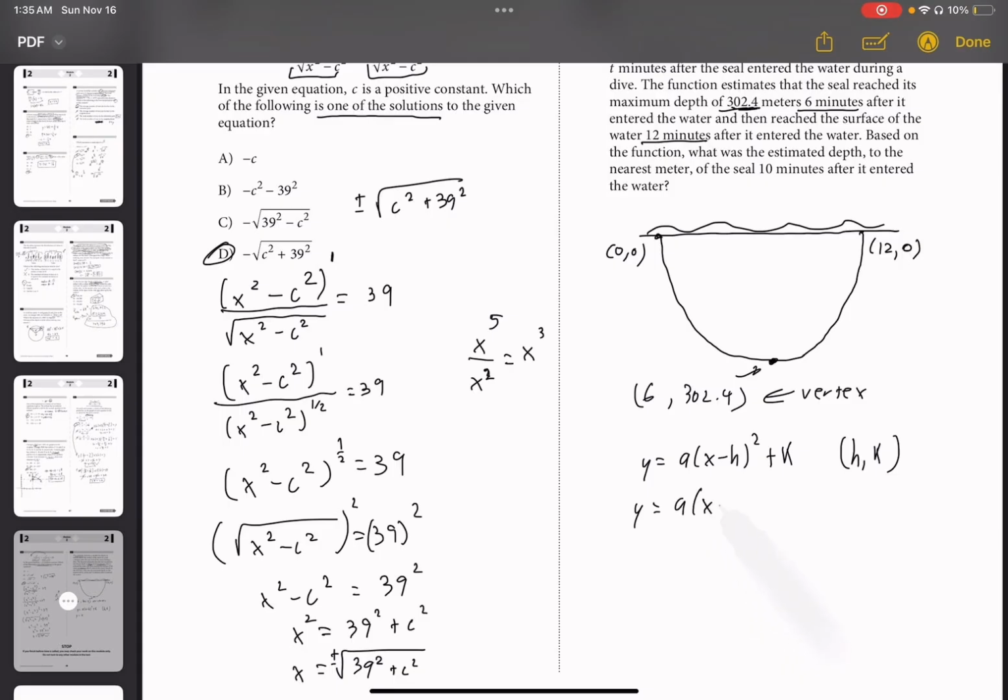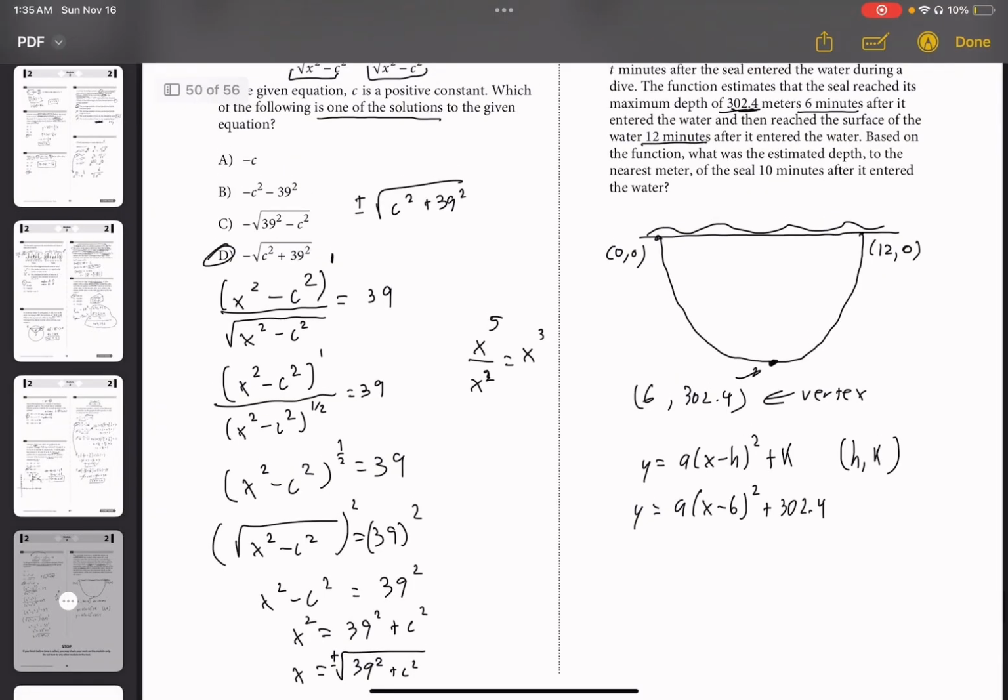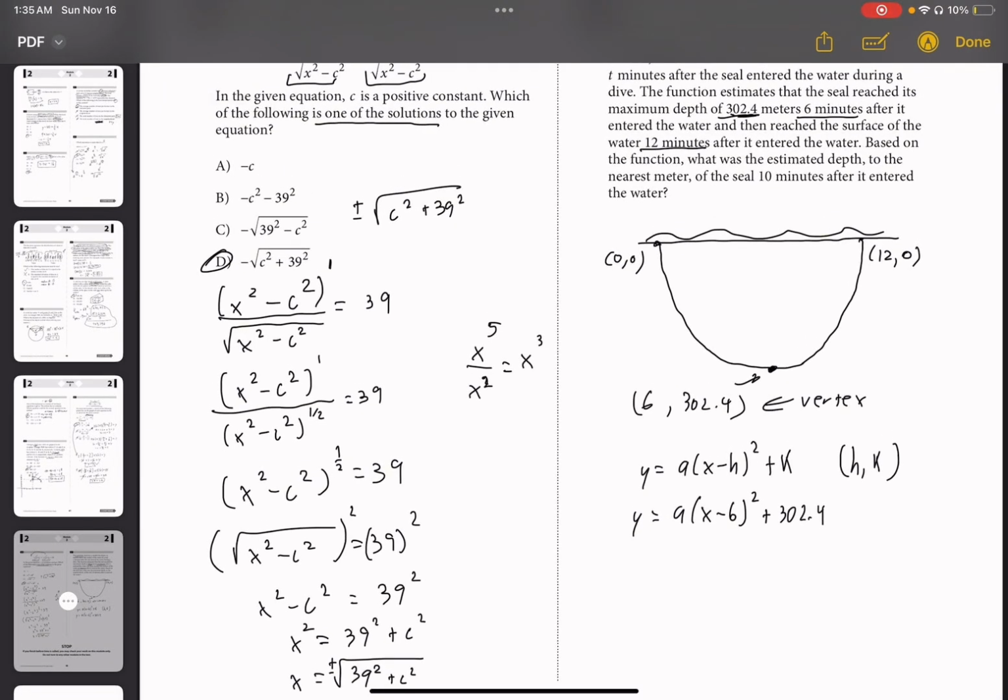So we get (x minus 6) squared plus 302.4. Now we just need to find our a, which we can do by plugging in values. I'm going to plug in (0, 0) since it's an easy value to solve for. So we get 36a is equal to, moving the 302.4 to that side, negative 302.4.